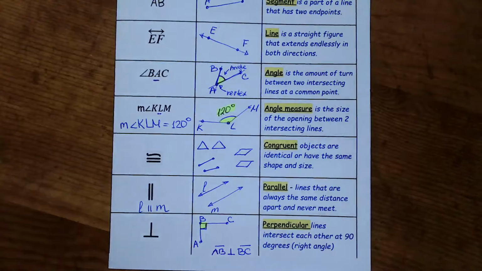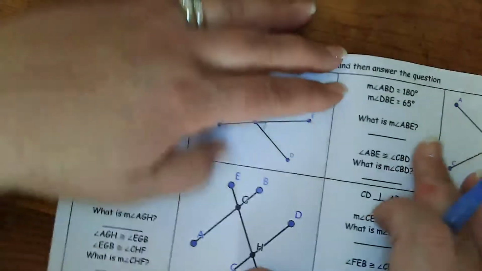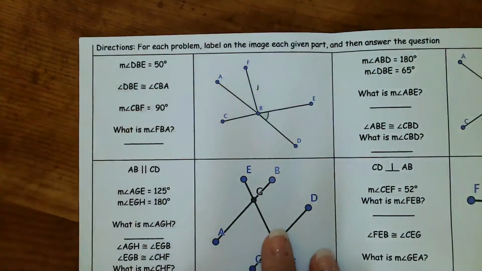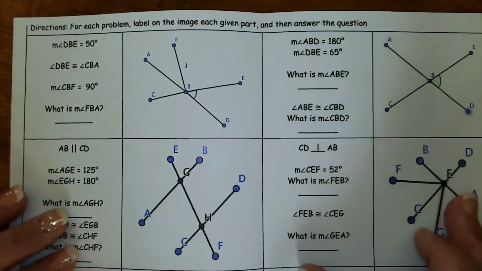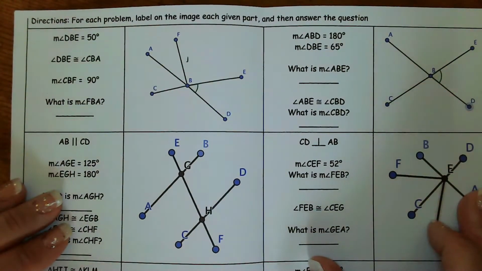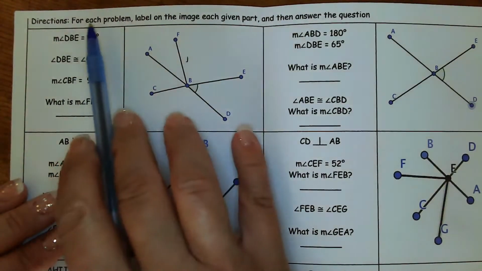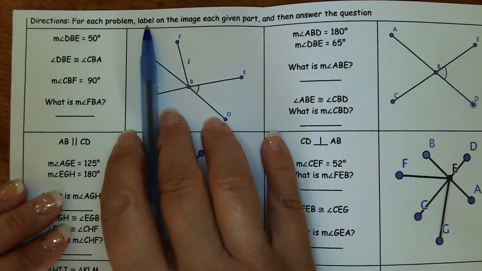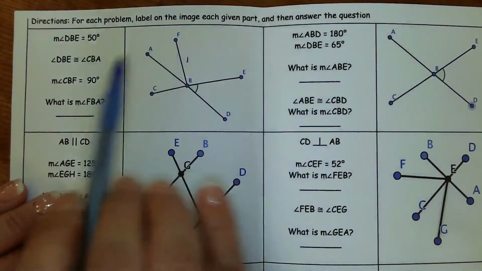So this vocabulary and other symbols can be used for different representations and problem solving. So let's just see a few examples: how to read the parts of the problem, interpret, and find missing information. In the directions for each problem, label on the image the given parts and then answer the question.